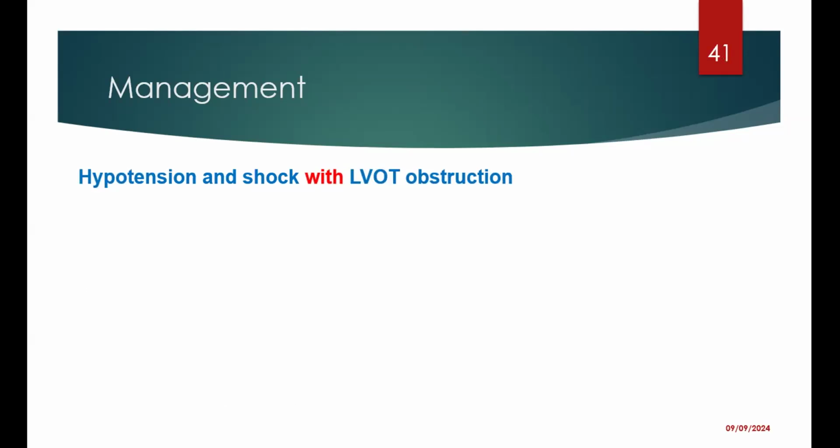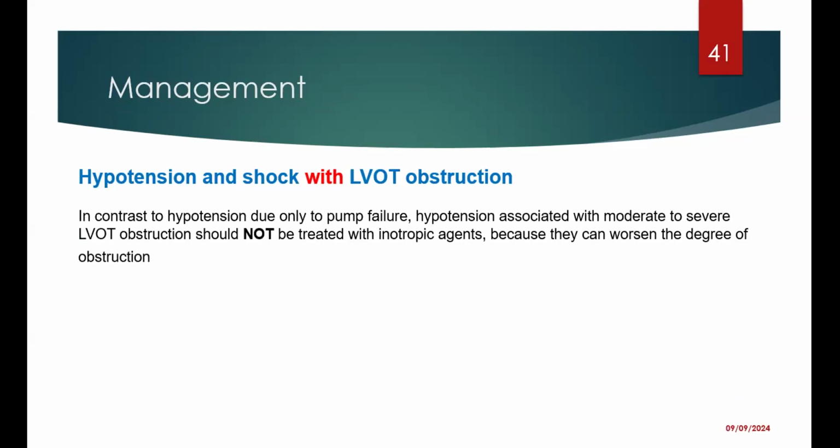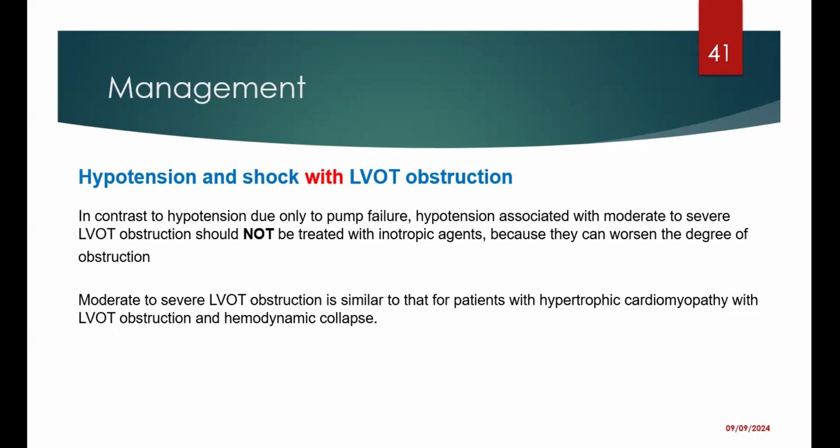So for those with hypotension and shock, and also LVOT obstruction, in contrast to hypotension due only to pump failure, hypotension associated with moderate to severe LVOT obstruction should not be treated with inotropic agents because this will worsen the degree of the obstruction.